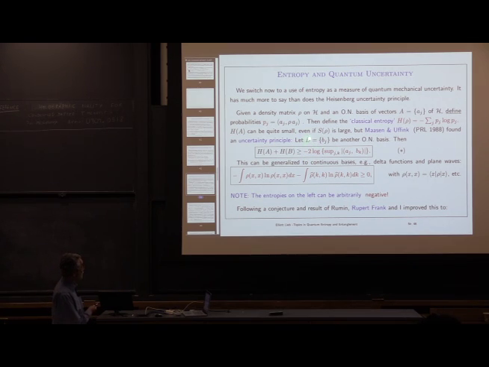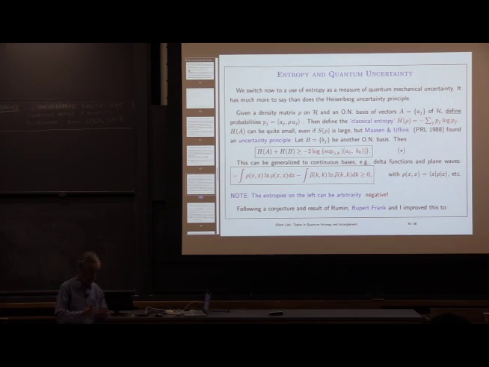If I take another orthonormal basis, any other orthonormal basis you like, and look at the classical entropy of the A basis and the classical entropy of the B basis, the same density matrix, then this is bigger than or equal to minus twice the logarithm of the maximum of the inner product of the A's with the B's.